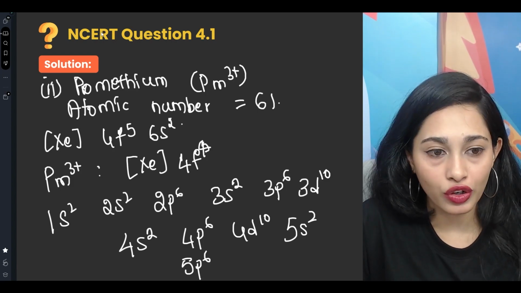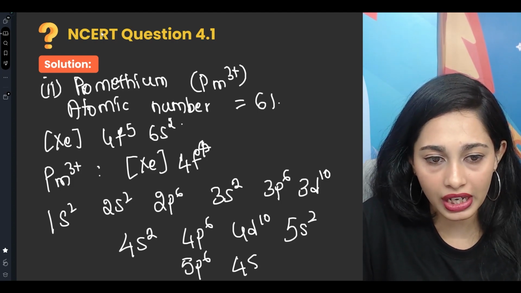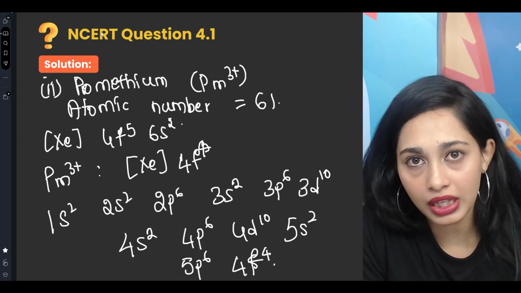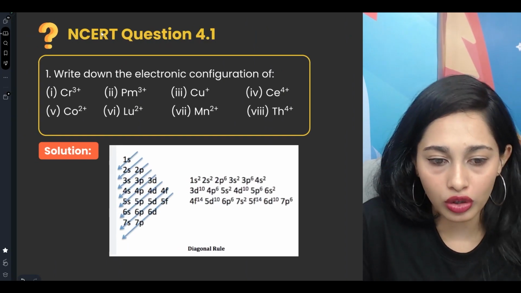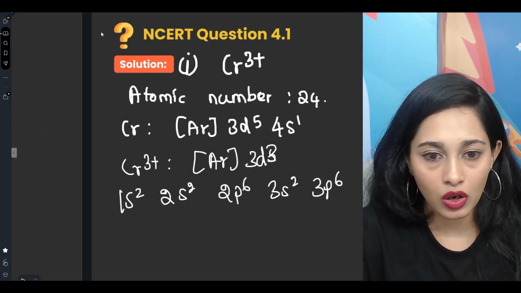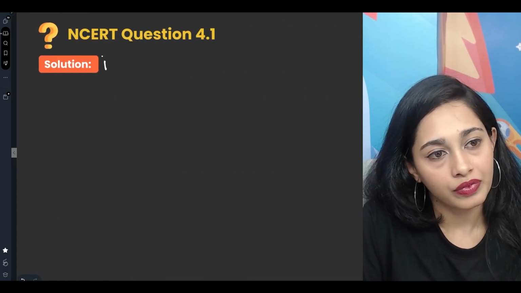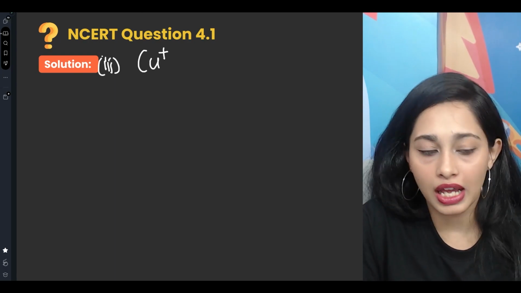This is the electronic configuration of xenon, and then for promethium it is 4f4. This is the electronic configuration of the promethium 3+ ion. While writing the electronic configuration, we need to follow the diagonal rule. Alright, the third one is the copper + ion.